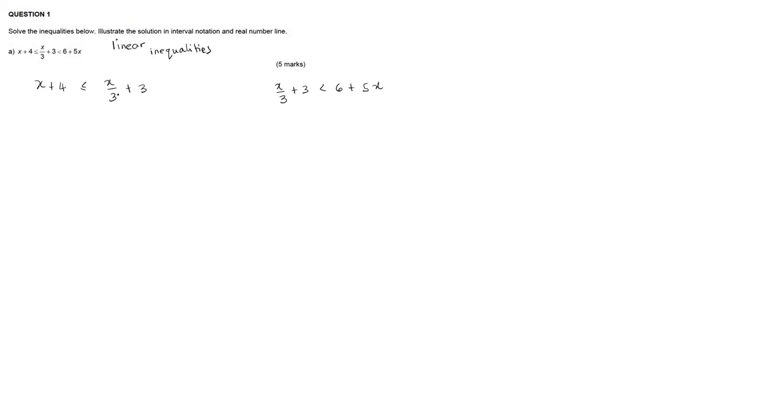Okay, many of you multiply 3, but you forgot to multiply to all. You must multiply with x, with 4, and also with 3. So from there you can get 3x plus 12 less equal x plus 9.